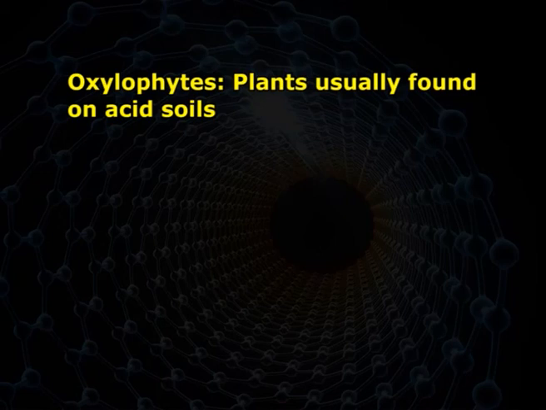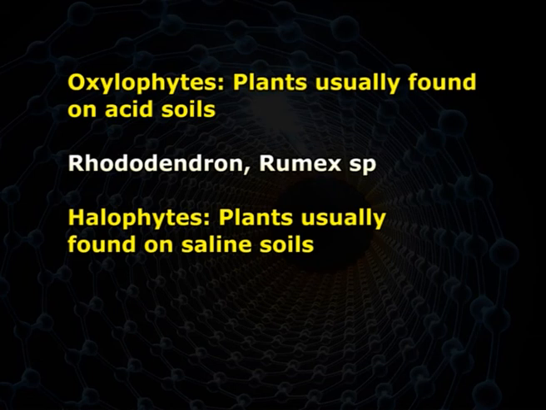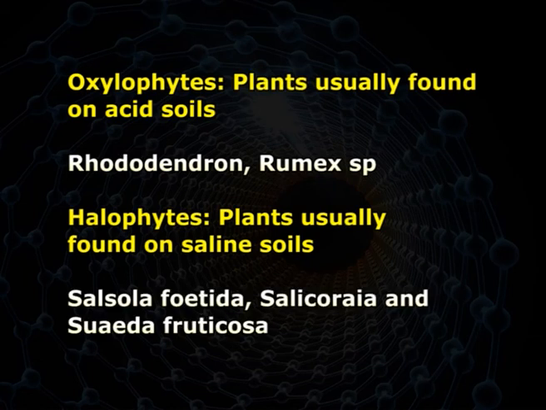Oxalophytes: plants usually found on acid soils, for example, rhododendron, Rumex species, etc. Halophytes: plants usually found on saline soils, for example, Salsola foetida, Salicornia, and Suaeda fruticosa.